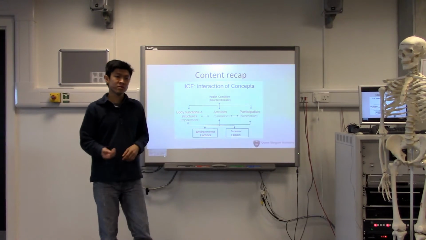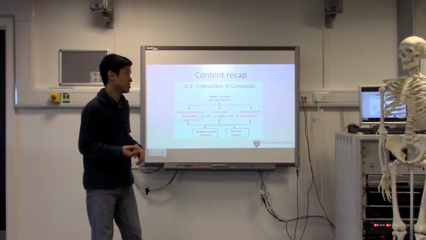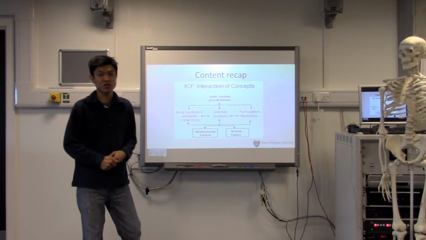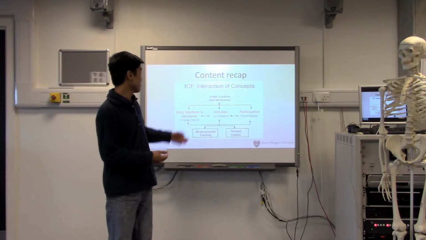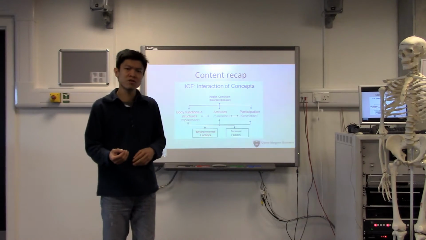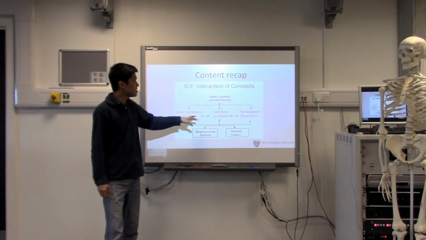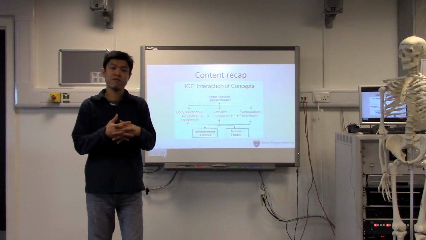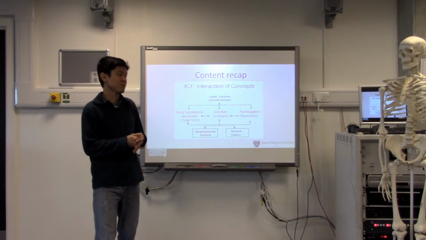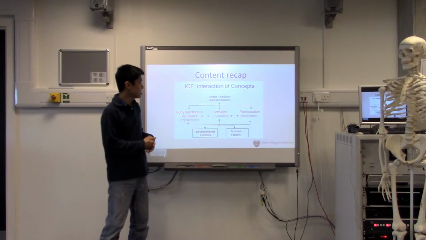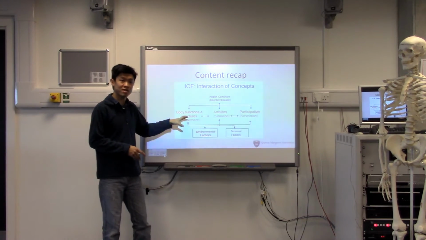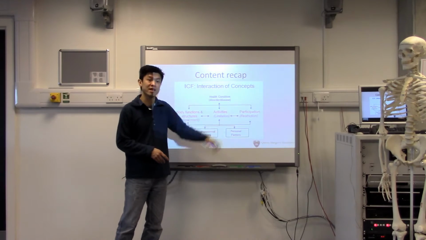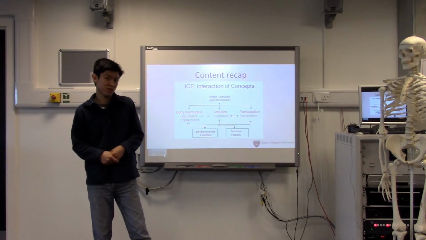One thing that we noted is that this is the modified version of what it used to be. This is version 2 of it. But one thing that we note is that sometimes impairments, activity limitations, and participation restrictions don't correlate very well to each other. So just because someone has an impairment does not necessarily mean that the person will have an activity limitation or participation restriction.